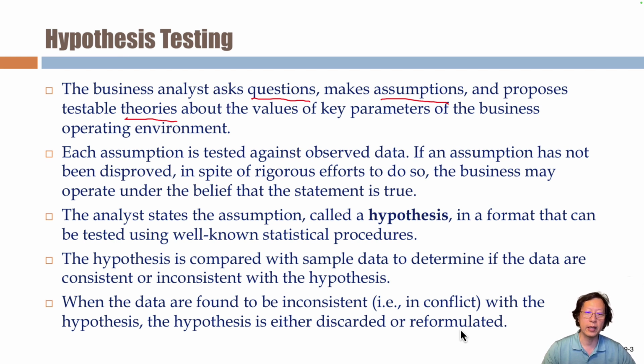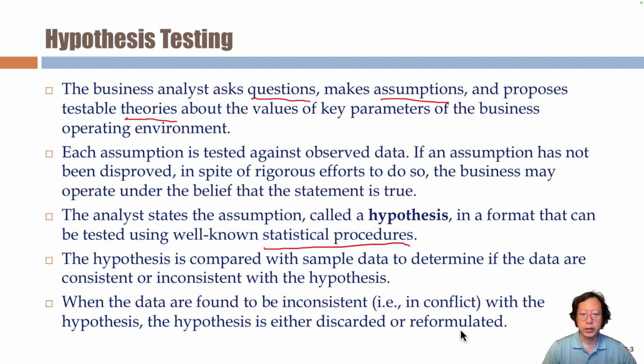Again, we don't know exactly, but we use a statistical procedure, and then we can make a conclusion under some statistical statement. You will see what kind of conclusion we can make.